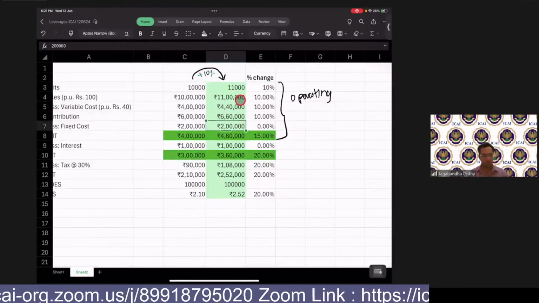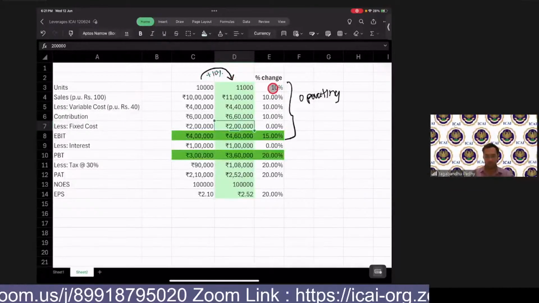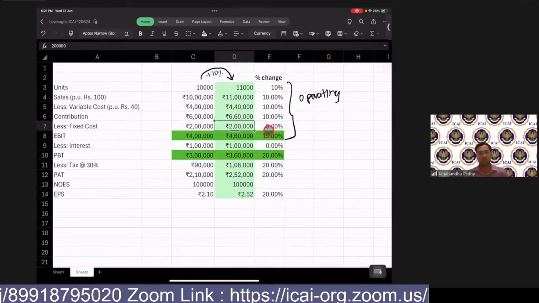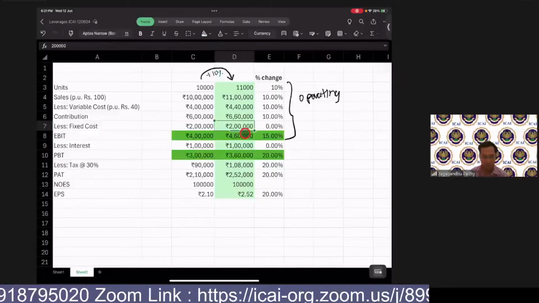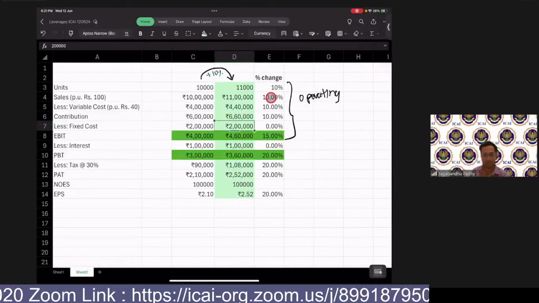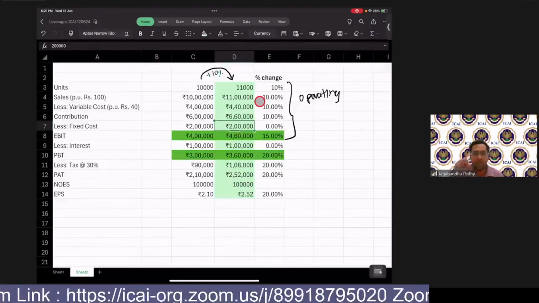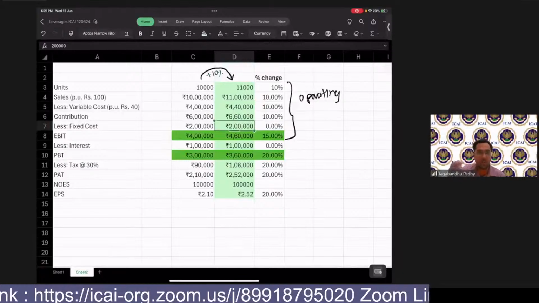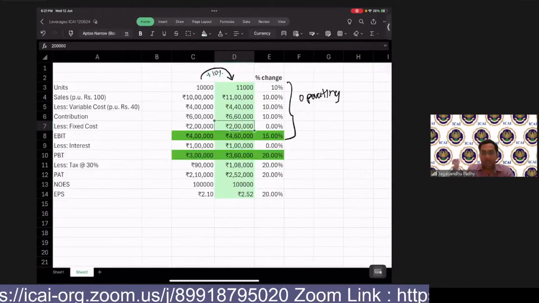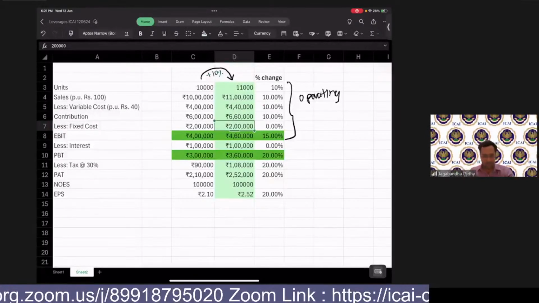As far as operations are concerned, when the units sold increase by 10%, we see that the EBIT is increasing by 15%. So now my question is, the percentage change in EBIT is higher than the percentage change in sales. An additional effort of 10% increase in sales resulted in EBIT increasing by 15%. That is higher than your effort, right?